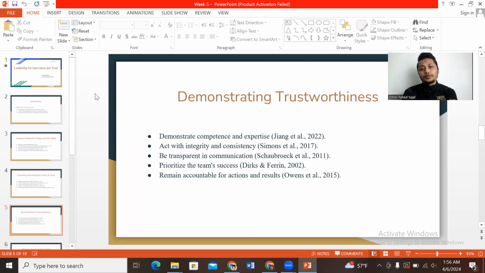You have to prioritize the team's success and always put the needs of the team first. And importantly, remain accountable for your actions and results, which is like taking ownership of any mistakes you make and also using them as learning opportunities, and show your team that you are always doing something better for them and gaining the trust of others. So these are some activities to demonstrate trustworthiness and gain the trust of others.